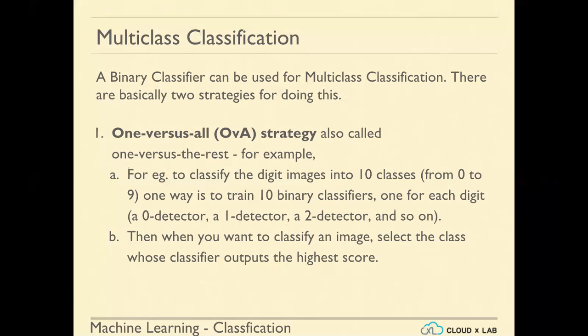In the case of the MNIST digits problem, we are going to classify the images into 10 classes, from 0 to 9. So the first way is to create 10 classifiers. The first classifier says it's 0 or not 0.